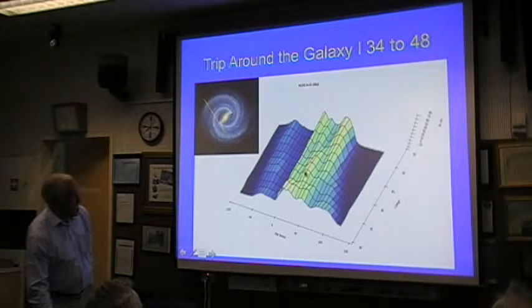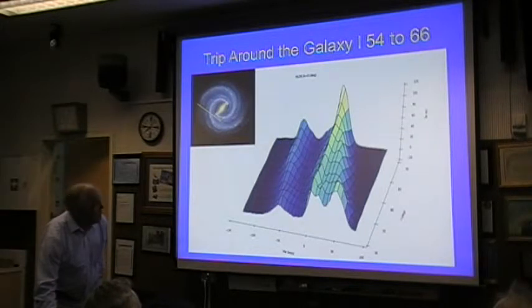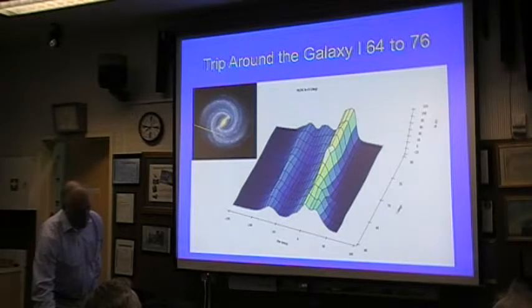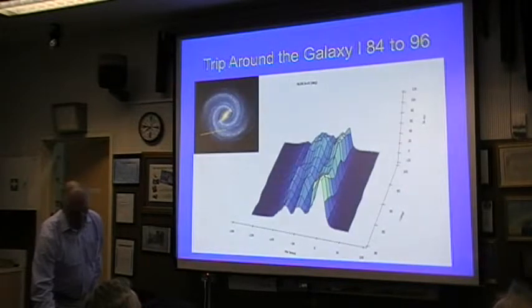You can see it's getting a bit confused here, but some is coming towards us and some is going away from us in that particular direction, looking out there. I won't dwell on this. We take a little trip around the galaxy with this type of representation. You can see the peaks all shuffle and move.